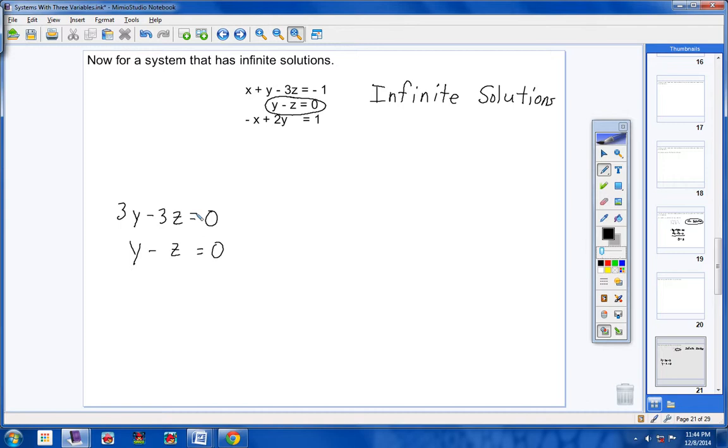Here's what you always do when you have infinite solutions. You solve the equation for y, so you get y by itself, and you want z over here. So if you have an equation that's x and a y, that's not going to cut it. You have to come up with an equation that has a y and a z.